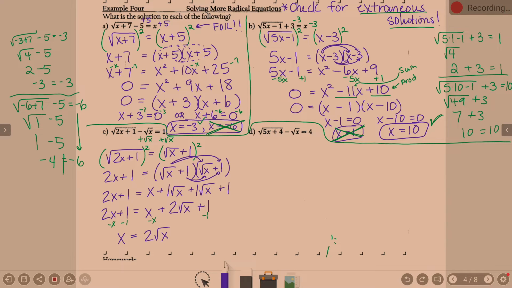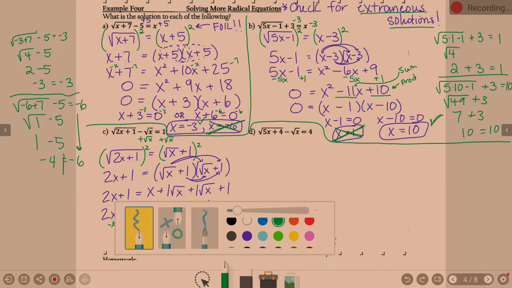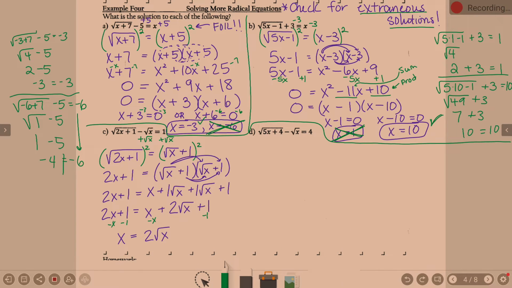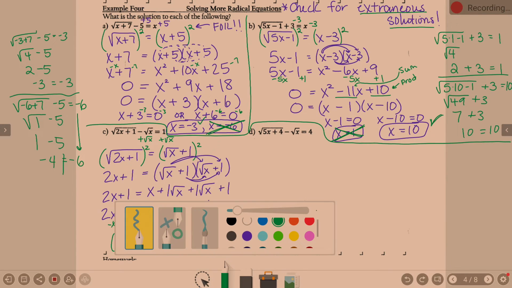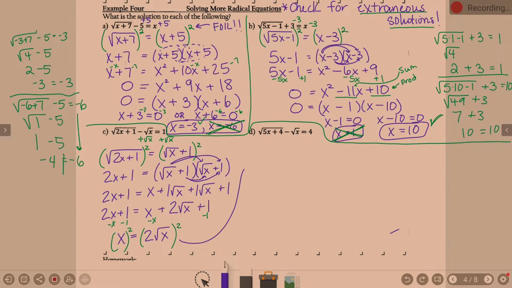I know technically I would say divide by 2 to get the radical by itself, but I don't want to create an unnecessary fraction. Because that is just multiplied, we can go ahead and square it here. So I'm going to square both sides. When you take x and you square it, you're going to get x squared.